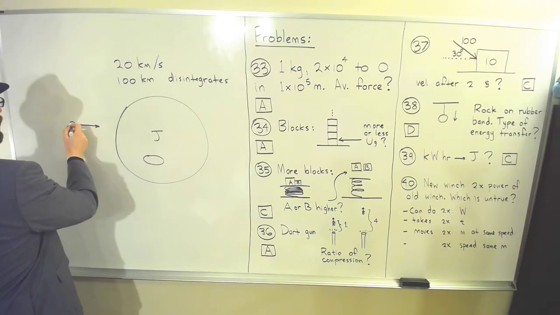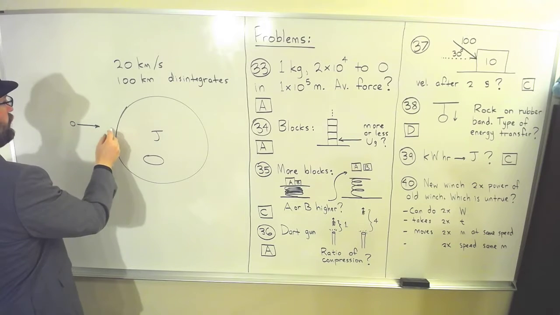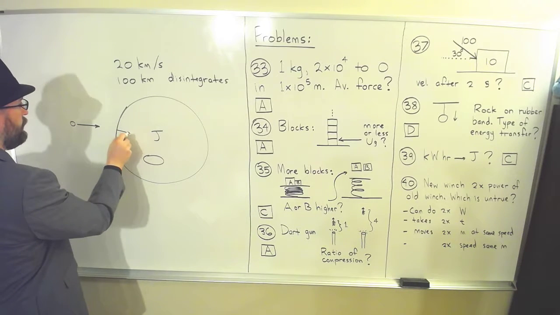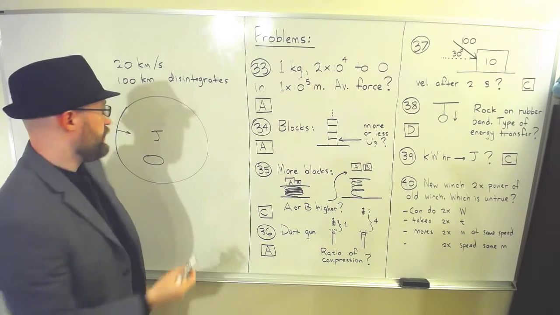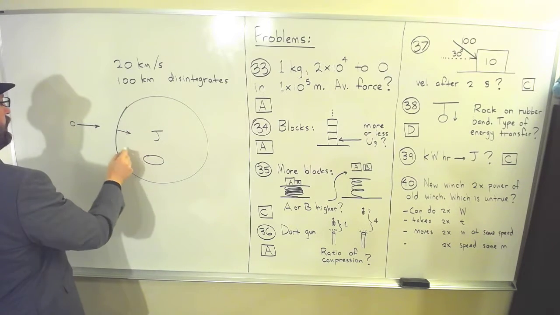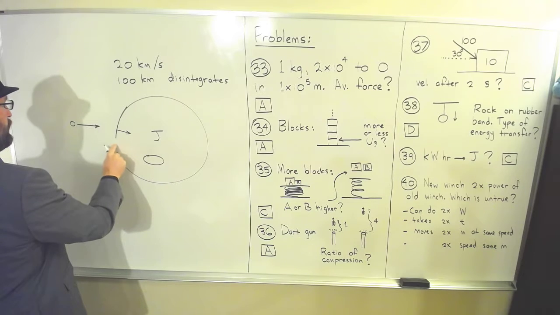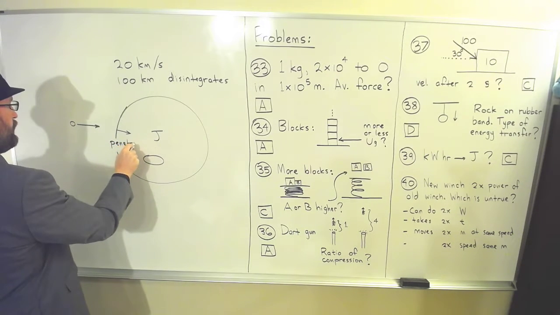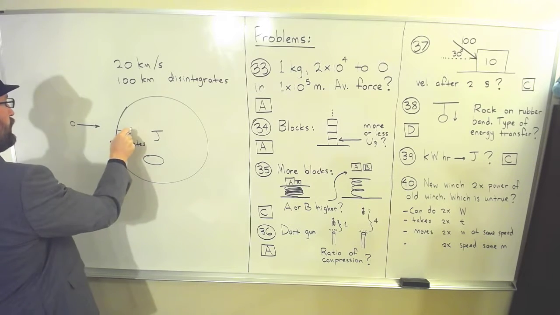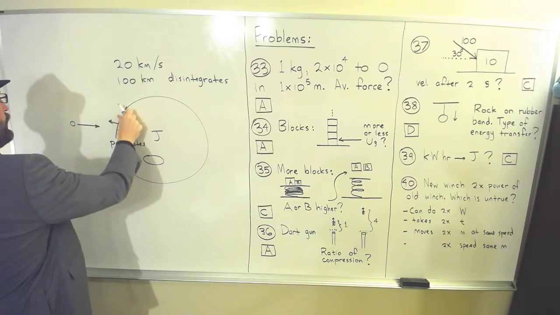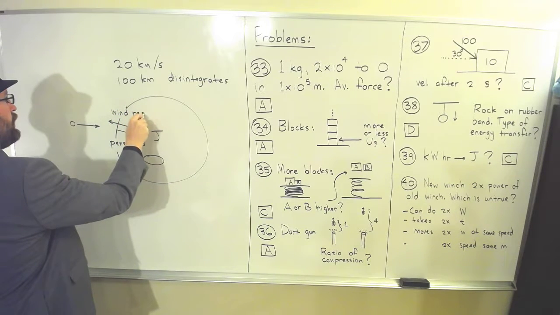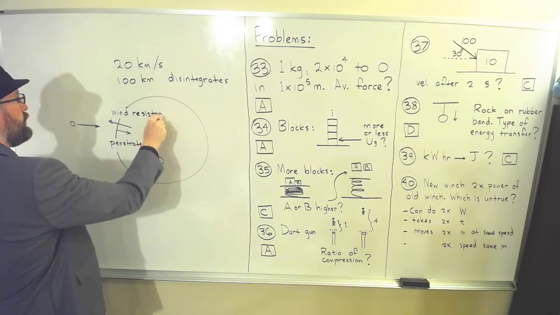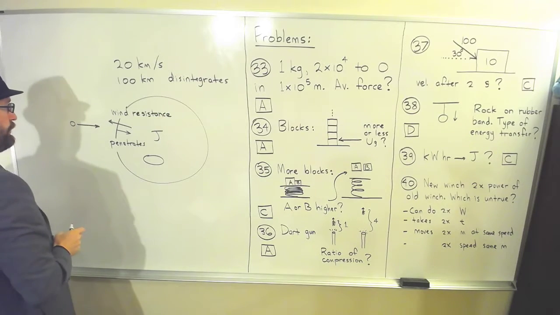And so this meteorite will penetrate into the planet, and as it's penetrating, there will be wind resistance pushing back the other way. The meteorite penetrates here, and then there's wind resistance, and that's the force being exerted, the average force that they are asking you for.